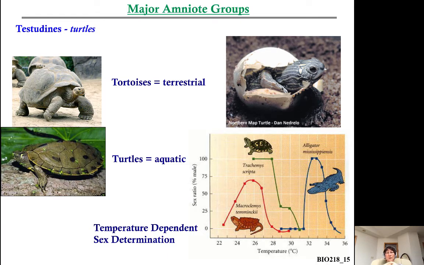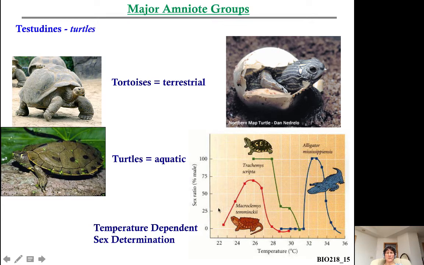But in the case of some reptiles, and specifically here turtles, their sex is determined by temperature. And by that I mean it's the general average temperature at which those eggs are incubated. Now, as it happens, turtles exhibit some variation in this, and they're showing you two examples here.